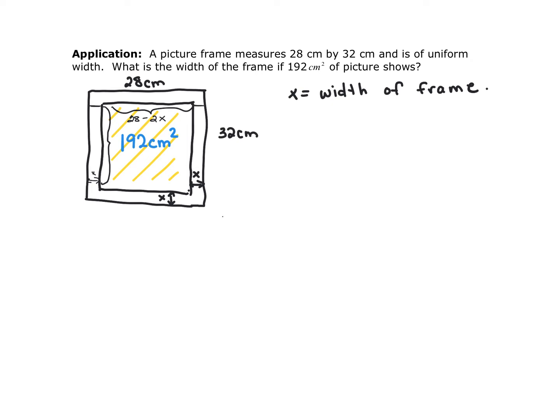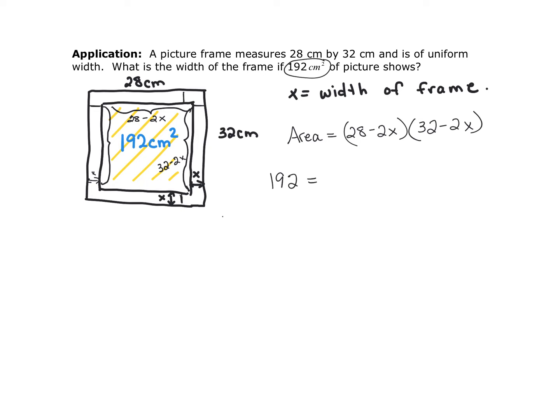And similarly, this width should be 32 minus 2x, because we're taking this x from this side and this x from this side. So the rectangle in the middle has an area of 28 minus 2x times 32 minus 2x, and we're told that that area is 192.